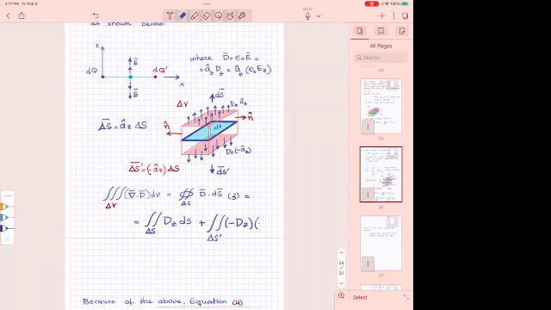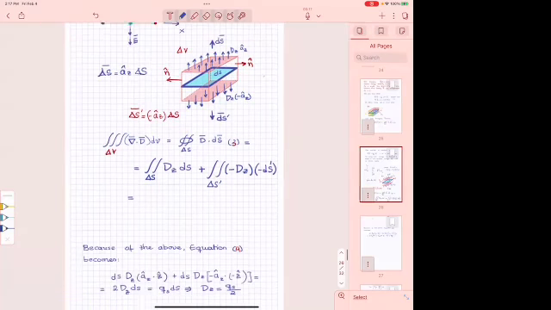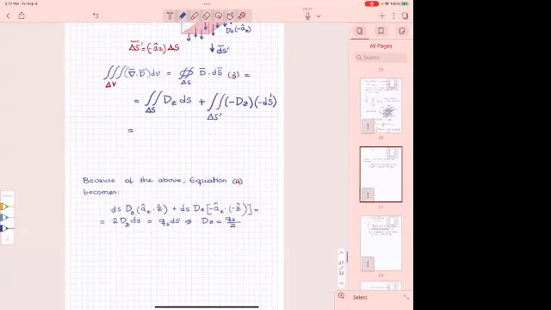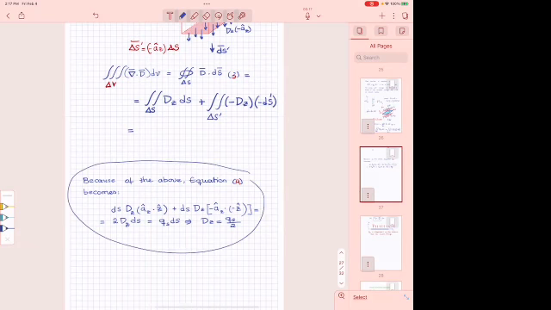So a minus from ds prime. Practically these two are giving me what you see below here.